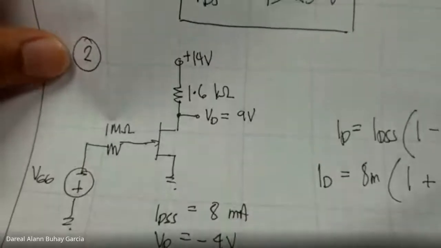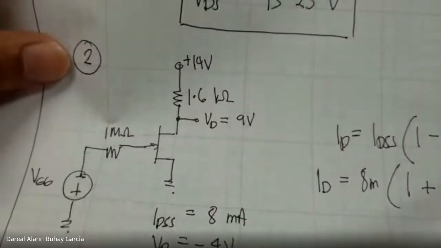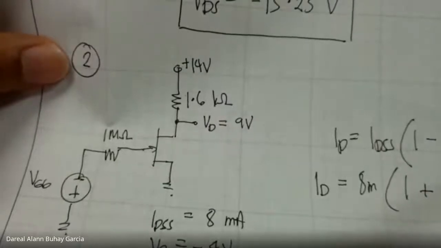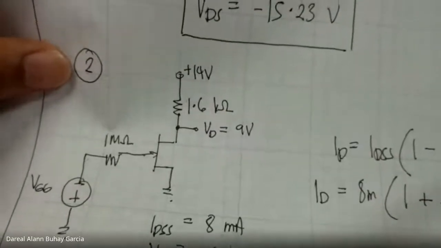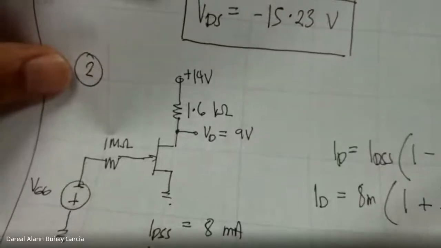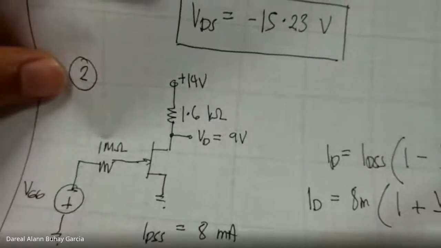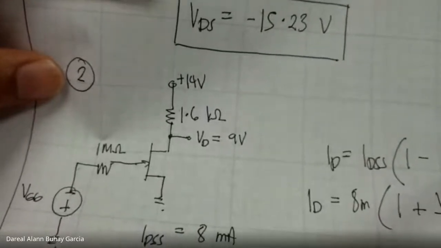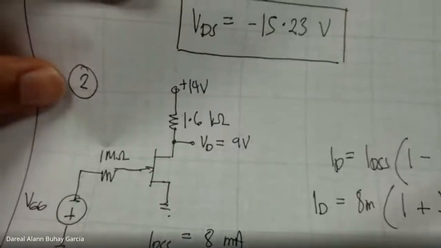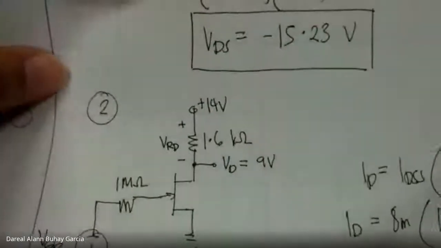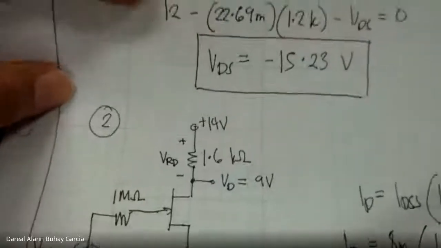What is the voltage drop across RD? Okay, very good. 5 volts. So, 14 minus 9, 5.